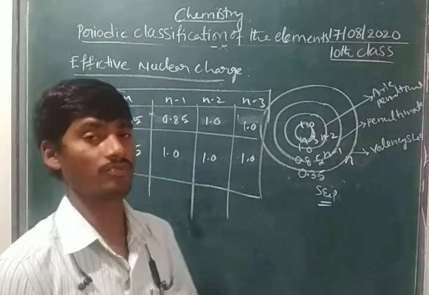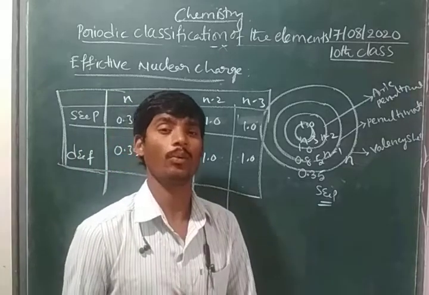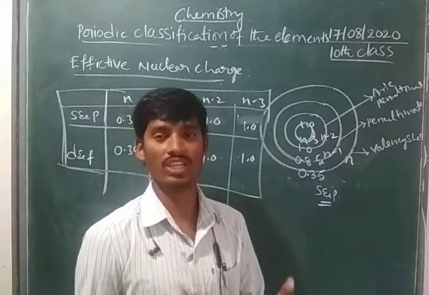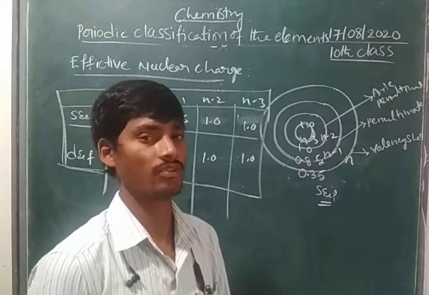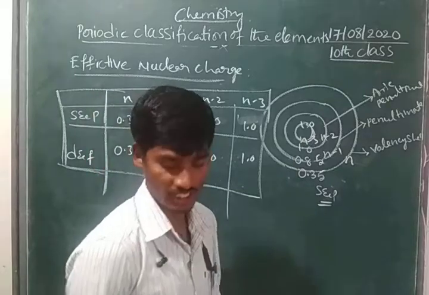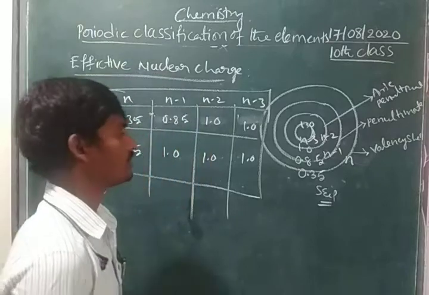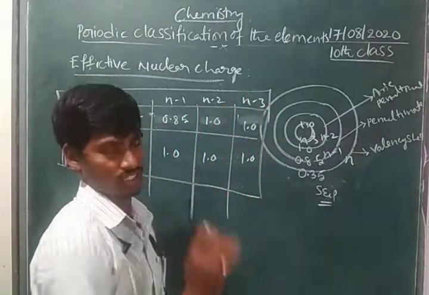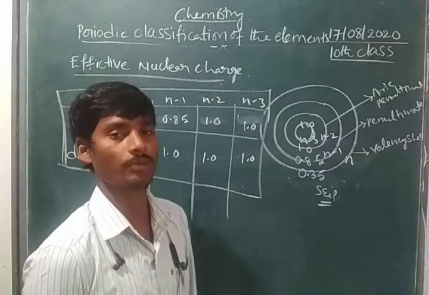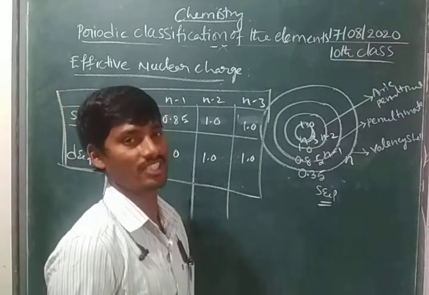See here, suppose you want to find the effective nuclear charge for lithium, the effective nuclear charge for sodium, the effective nuclear charge for potassium, we will discuss now. Right children? First of all, suppose we take the first group elements, children: hydrogen, lithium, sodium, potassium, rubidium, cesium, francium.